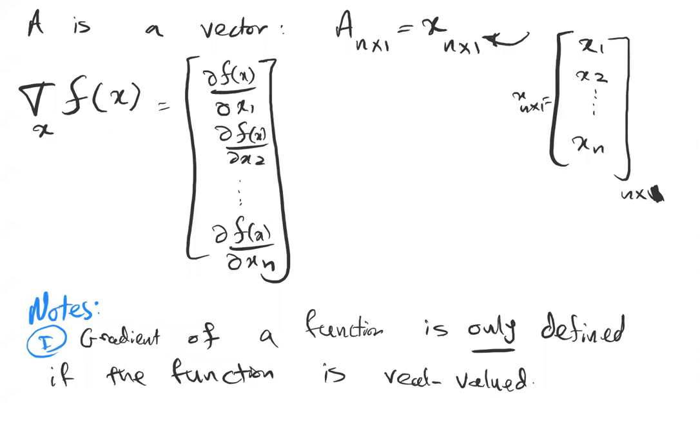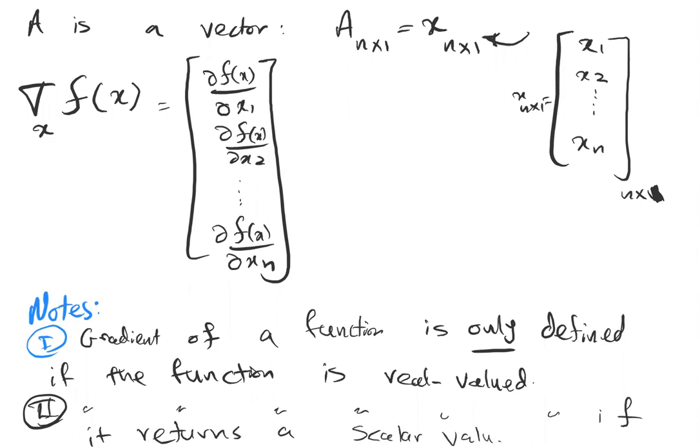This is equivalent to saying that the gradient of a function is only defined if it returns a scalar value. So it should return a scalar real value so that the gradient exists.